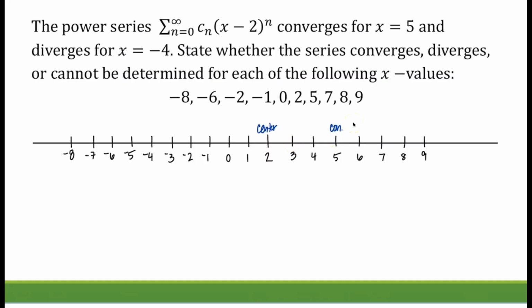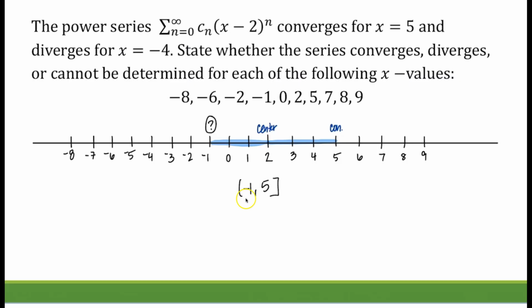I'm just going to highlight from the center to the right, so all of the values from 2 to 5, including 5, converge. And because of the symmetry, I'm also going to converge 3 units to the left, except I don't know exactly what is going to happen at that far left value of -1. Because one possibility for the interval of convergence is from -1 to 5 closed.